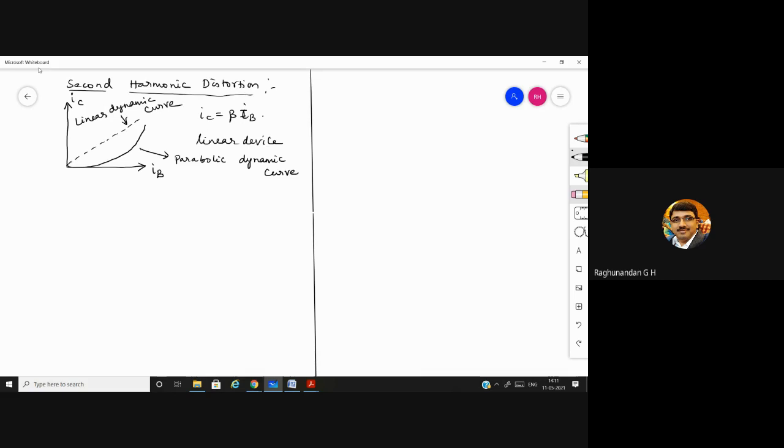The dotted line is the expected graph that we are supposed to get, but we are getting this parabolic dynamic curve. That shows it is having a lot of losses. After a certain amount of base current is passed, only then is your IC going to increase, and that too, it is increasing very slowly.